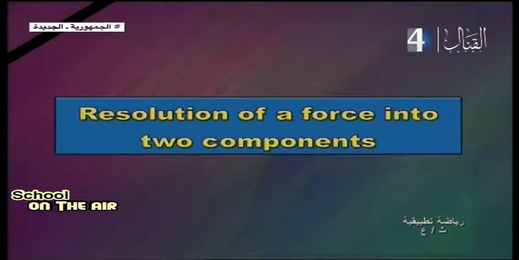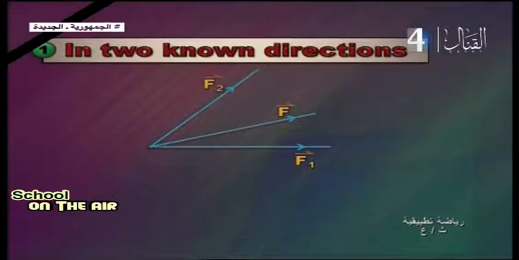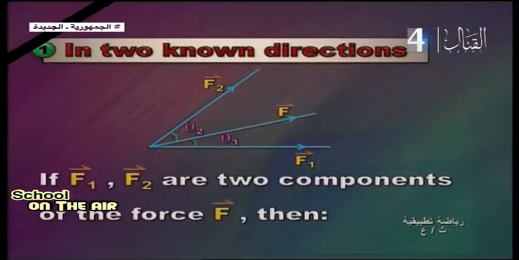Resolution of a force into two components. We know, my dear student, that if we have force F and we want to resolve it into two components, the first component F1 and the second component F2, then theta 1 is the angle between F and F1, and theta 2 is the angle between F and F2.